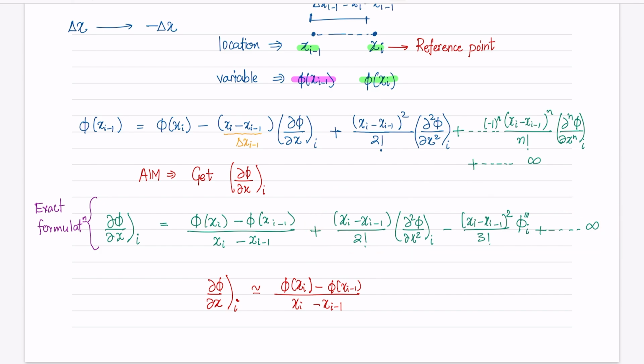And just like before, we are going to assume that delta x is a quantity which is smaller than 1, or it could be much smaller than 1, but it is at least smaller than 1. If that is the case, then the magnitude of this term is going to be larger than the squared terms and so on, which indicates that the first term in my truncated series would be the largest, given that the derivatives don't take crazily large values at any point.